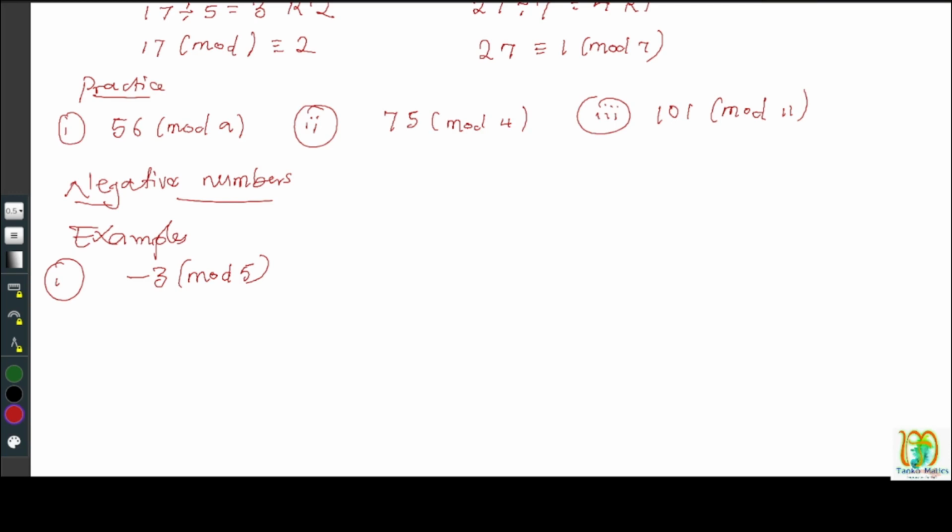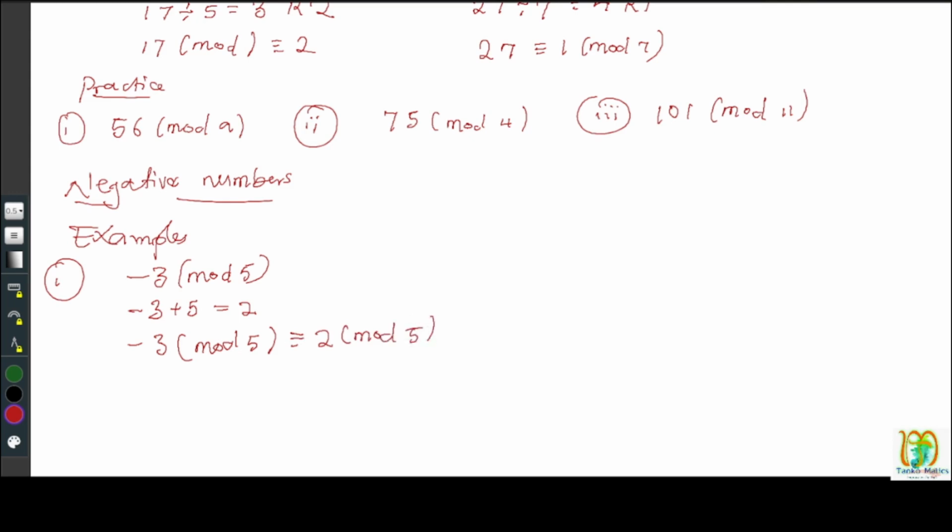The multiples of 5 are 5, 10, 15, 20. So let's take the first one: -3 plus 5 gives us 2, which means -3 is congruent to 2 mod 5.